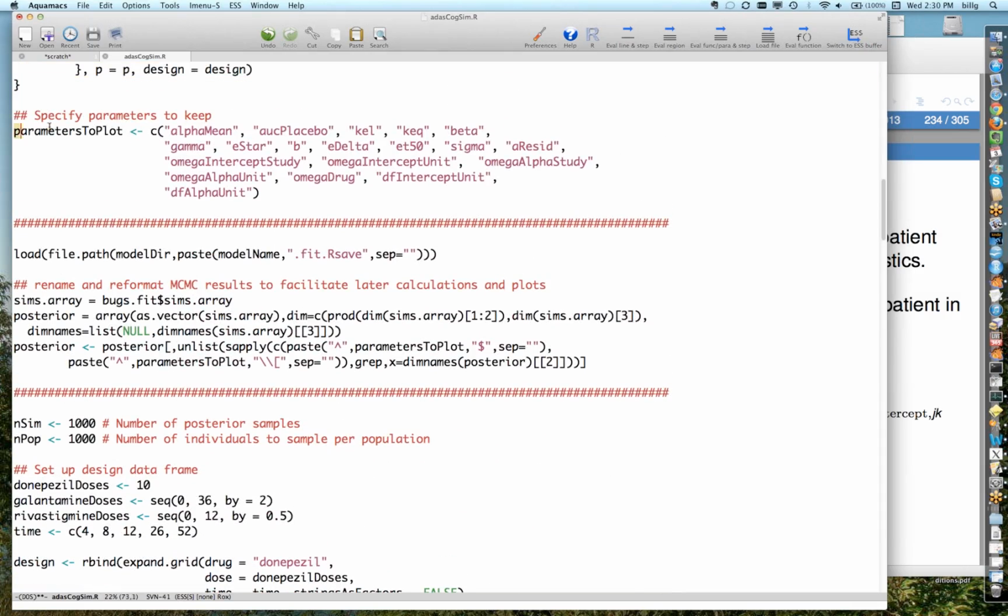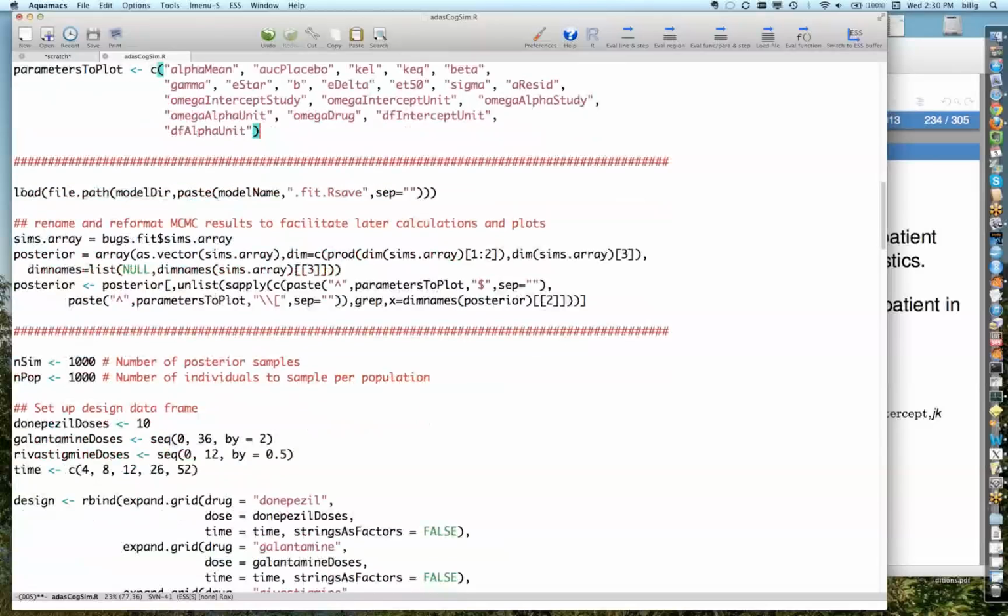The rest of this, I'm only including this parameters to plot, which I just copied directly out of the R script we use for running the model, just so that we don't have to carry around all those predicted values that we did in the original work. That's what's going on right down here. This load call here is grabbing the bugs fit object that was created.